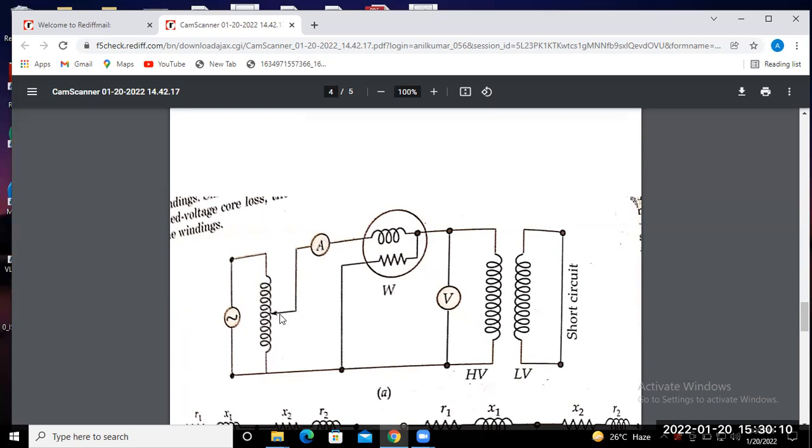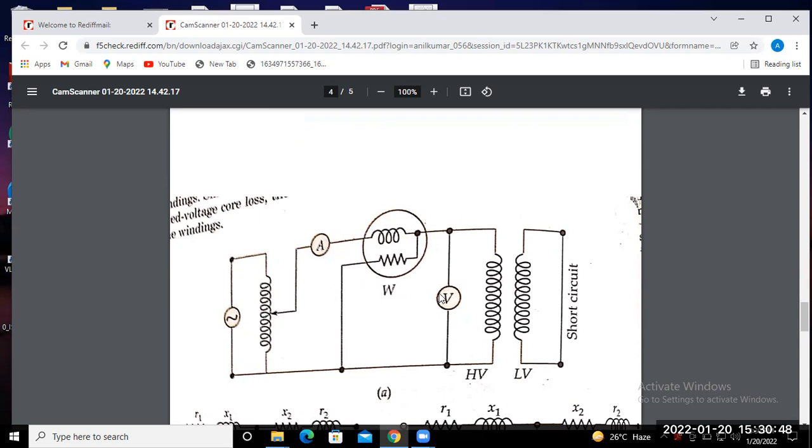If any data is given to you on the nameplate specification of the transformer, then you are able to find out the LV side and HV side current. Whenever the rated current of the transformer is flowing through the ammeter, you stop the movement of the auto transformer, and at this instant you note down all the readings of the instruments, that means ammeter, wattmeter and voltmeter.